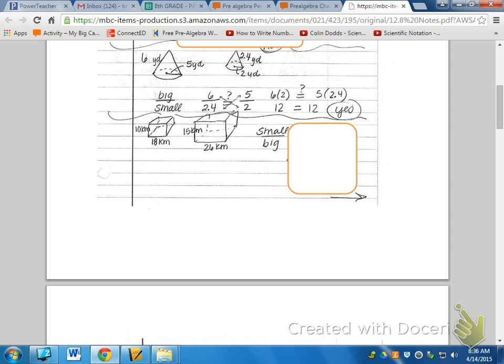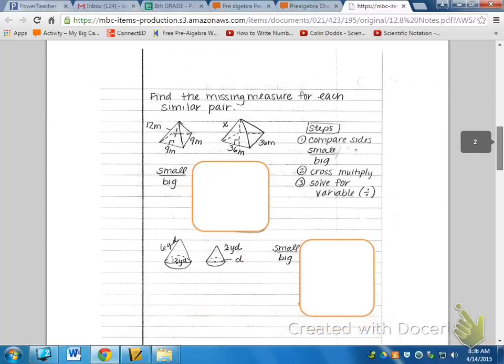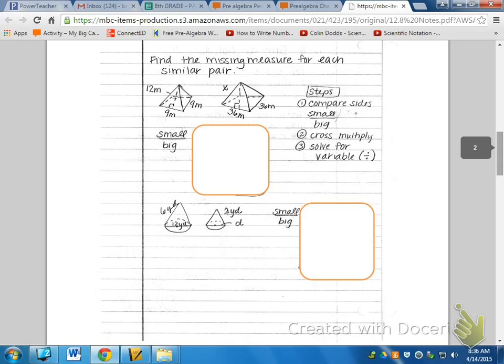Just like when we looked at similar figures in the past, you had that information and then it moves on to something else. There is some information missing and you have got to figure out what it is. So we are going to find the missing measure for each similar pair, and it is saying we've got two square pyramids there.